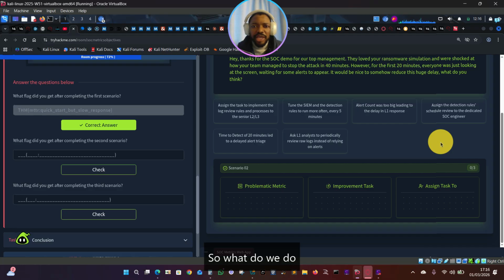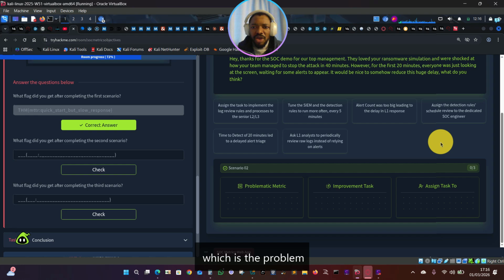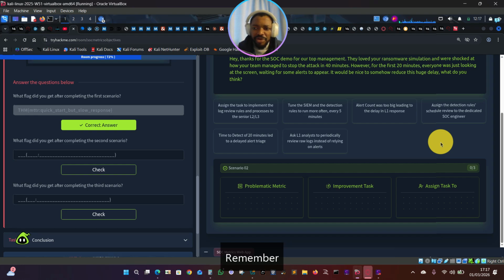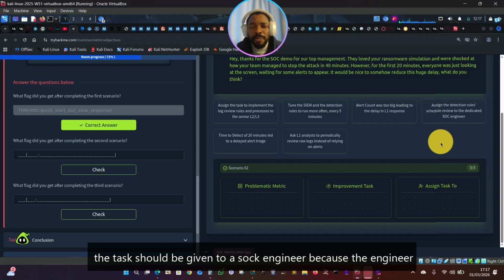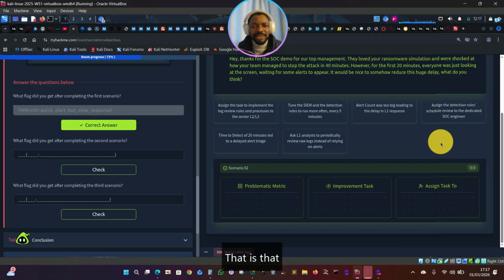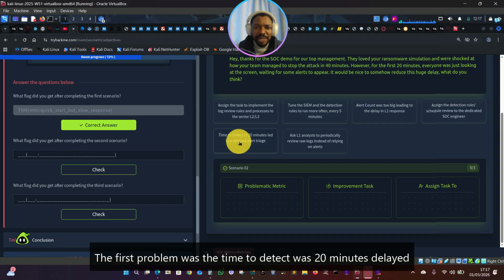So we can see that there was a delay of 20 minutes, which is the problem. How do we improve it, and who should we assign the task? Remember, the task should be given to a SOC engineer because the engineer creates the detection rules for the SIEM tool to pick up alerts. For the problem, the time to detect was 20 minutes delayed.